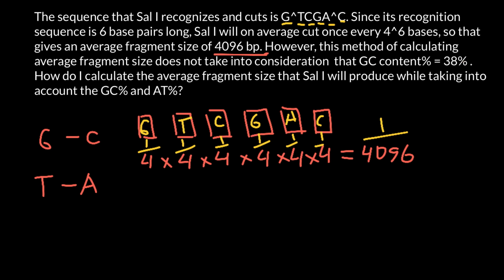But this time we see that GC content is 38%. So if we know that GC equals 38%, we instantly know that TA content would be 62%.